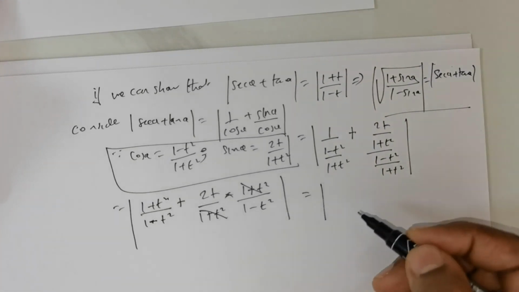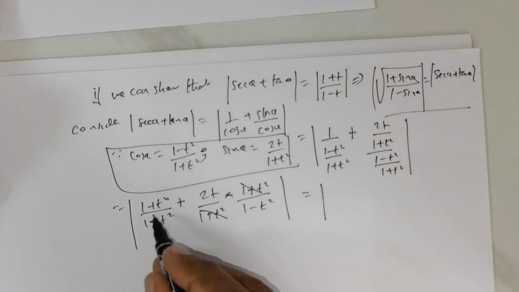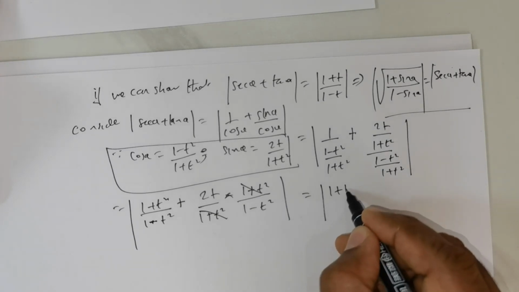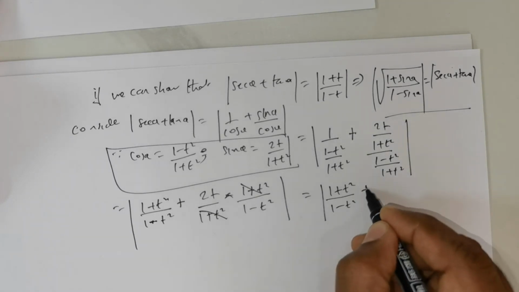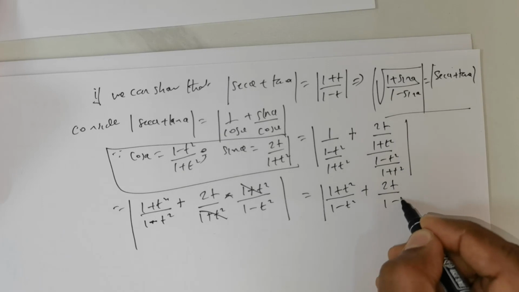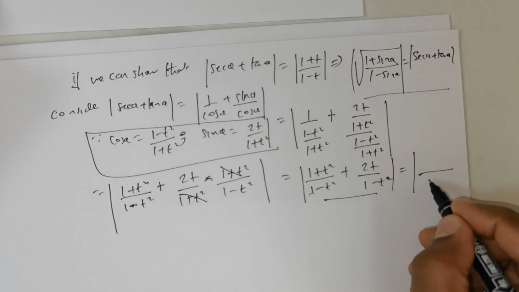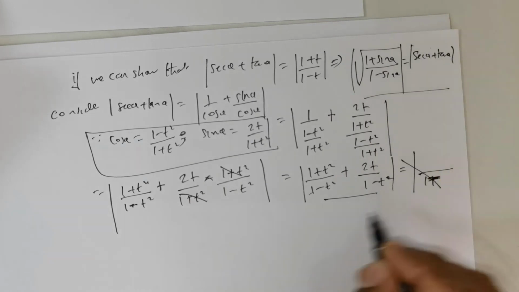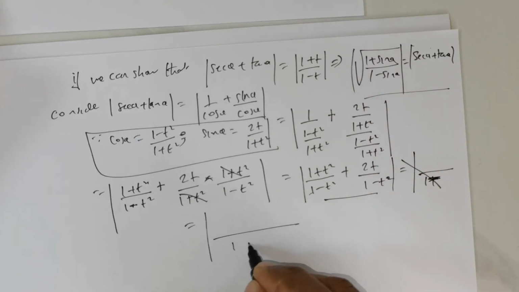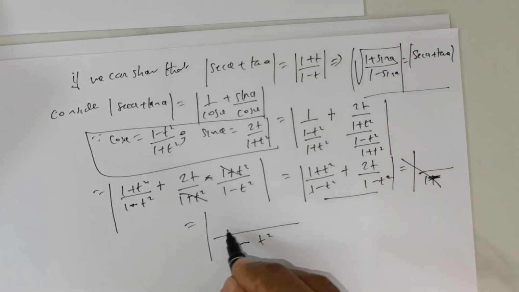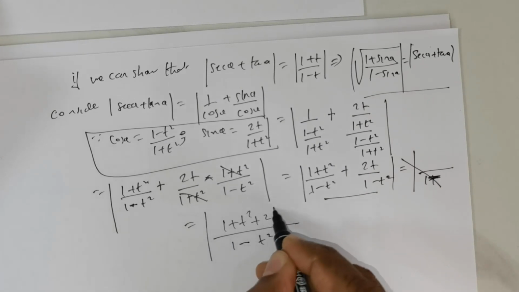So this is equal to the modulus of (1 plus t squared) divided by (1 minus t squared) plus 2t divided by (1 minus t squared). The denominators are the same, so this is going to be (1 plus t squared plus 2t) over (1 minus t squared).